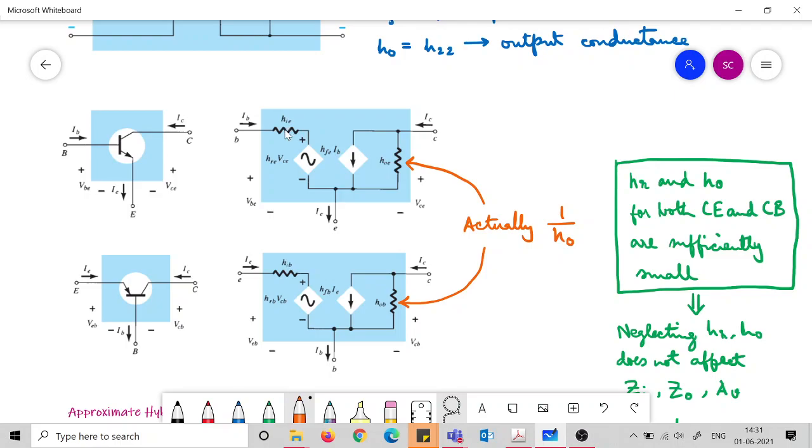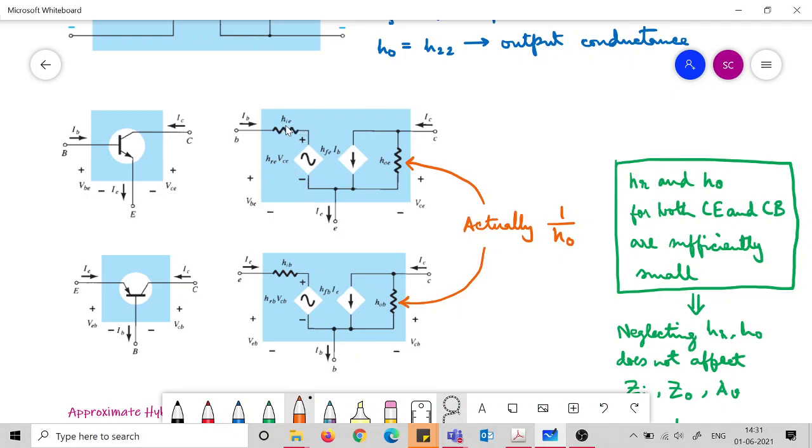The HI calculated for this and this would obviously be different. The HR will also be different. HF, H0 all will be different. The values of these HR, HI, H0, HF will be different, but the arrangement of these elements will remain the same.